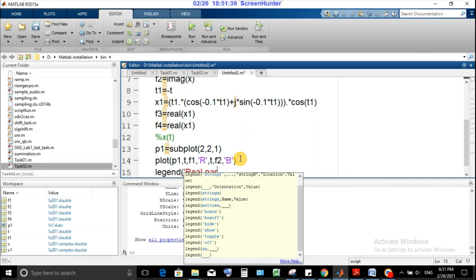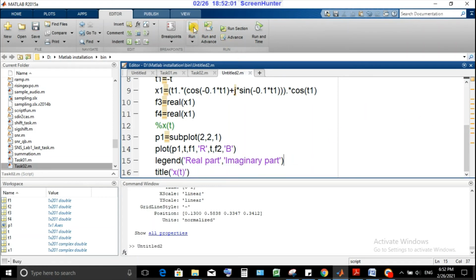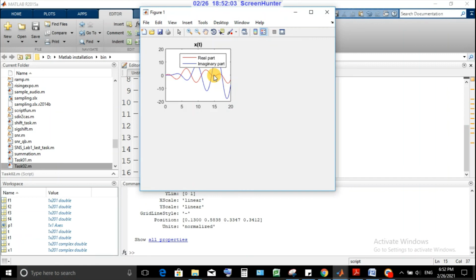Real part, comma, imaginary part. Now if we rerun it, yes, the blue line is showing us imaginary part, and the red line is showing us real part.